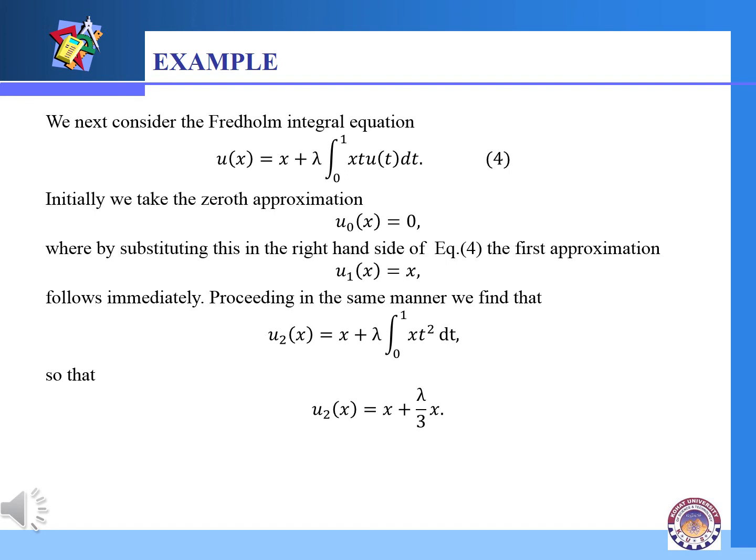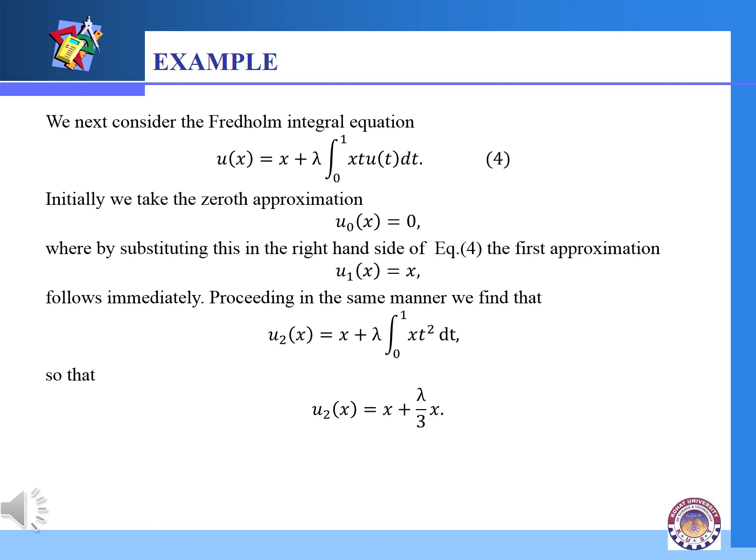Now we take a specific example to test the successive approximation method. We consider the predominant integral equation of second kind defined in 4, where in equation 4, the kernel k of x,t is equal to xt, which is separable. Initially, we take the zeroth approximation u0 of x equal to 0.